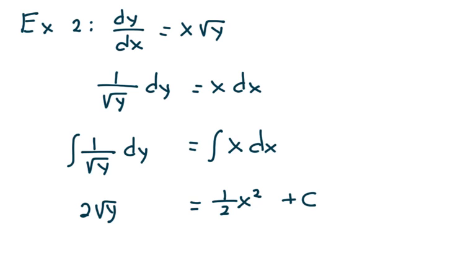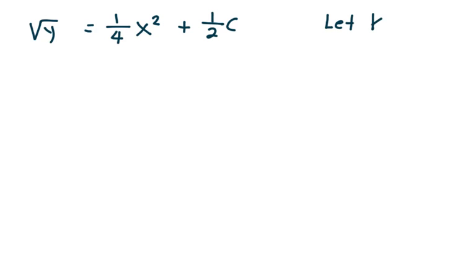Now, let's divide both sides by 2. So square root of y is the same as 1/4 x squared, right, plus 1/2 c. So I'm going to let k equal 1/2 c. Just call it a different constant, okay?